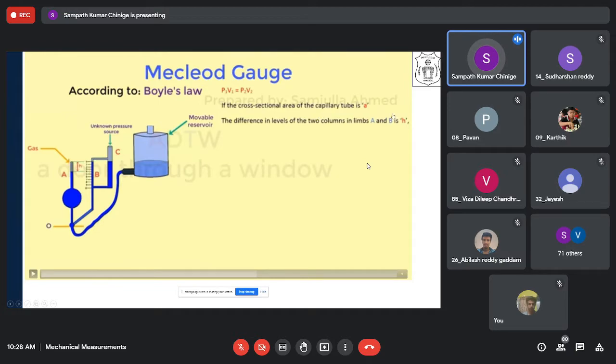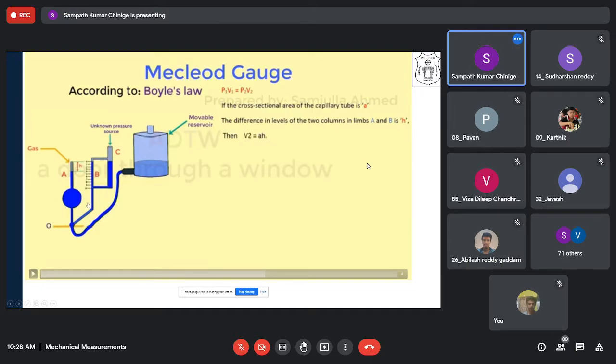Now, the difference in the level of the two limbs, let us say this is a U-tube manometer kind of a thing. Because of this pressure, what is the manometric head that is happening? That is your h, small h. Now, continuing this equation, V2 is what? Let us say the small area of this particular capillary tube is small a.